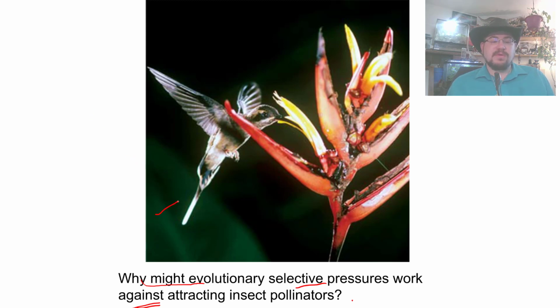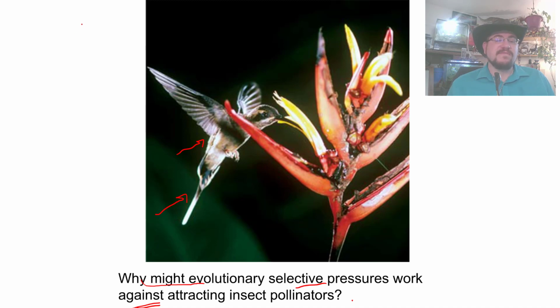And if we just take a peek right here, we can contrast bird pollinators with insect pollinators. So hummingbirds feed off the nectar of flowers and in the process get pollen on their feathers, so that when they move to another flower, they transfer the pollen to the stigma of that flower.